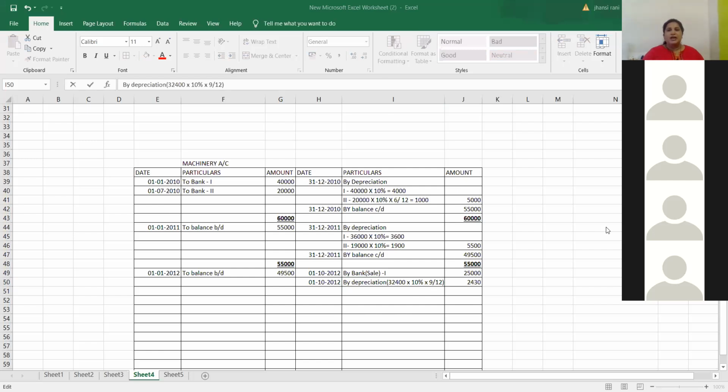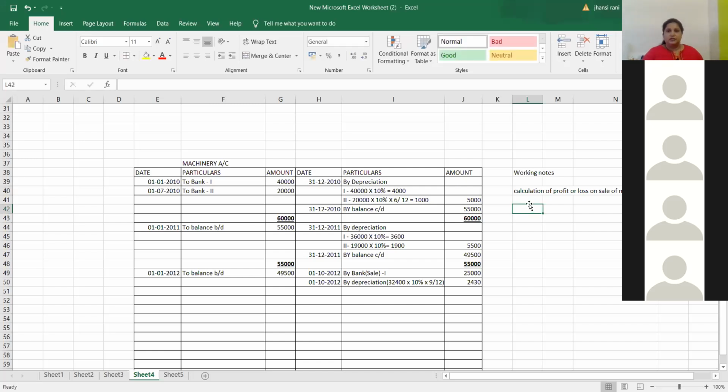Now I wanted to find out whether I got profit or loss by selling that machine. So I'll do a working note related to this machine: calculation of profit or loss on sale of machine, that is the first machine.